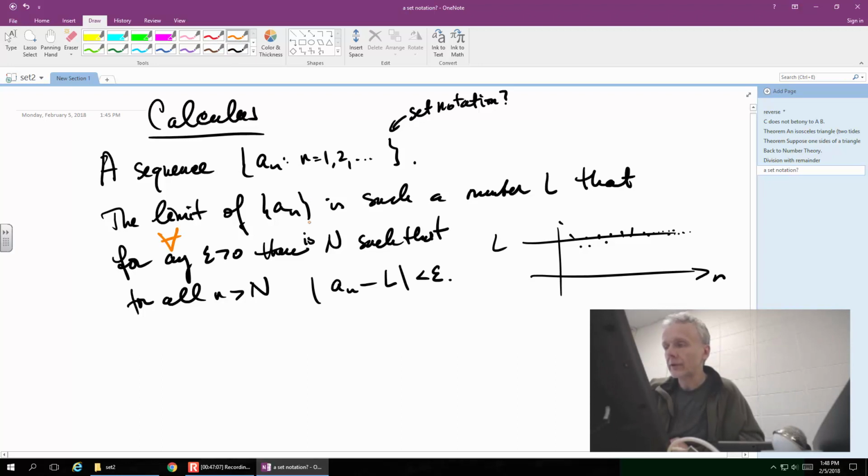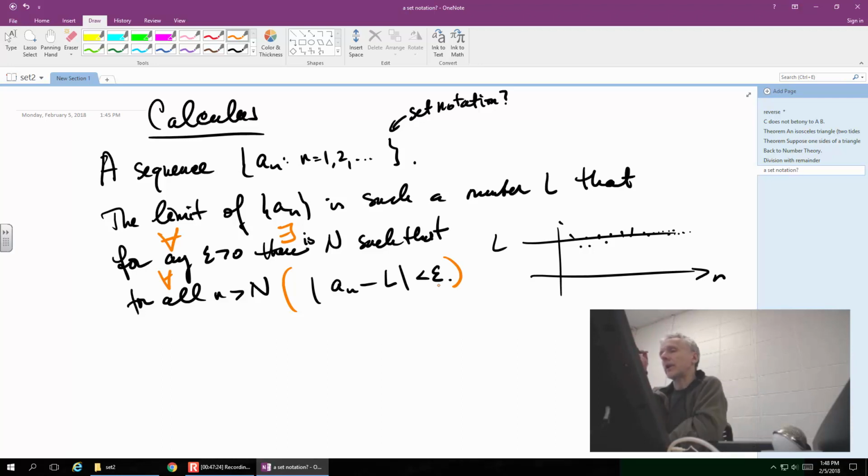For any epsilon greater than 0, there is an N. Then you can either proceed to say, once again, for any n larger than N, a certain statement is true, or you can have an implication: if n is larger than capital N, then this inequality is satisfied. But that's really not the problem. Do you see where the problem is?